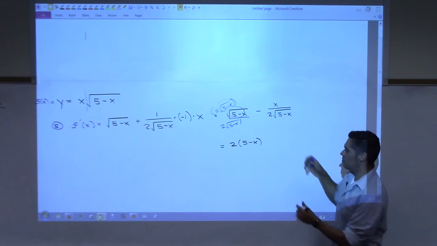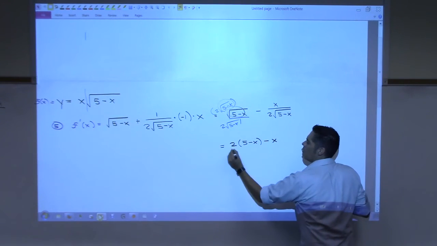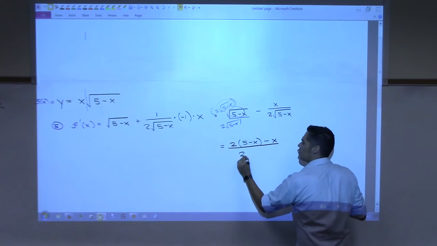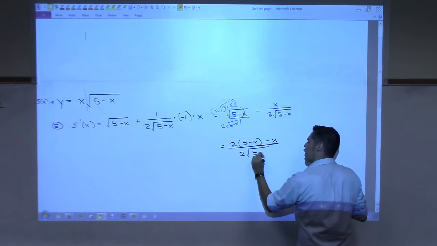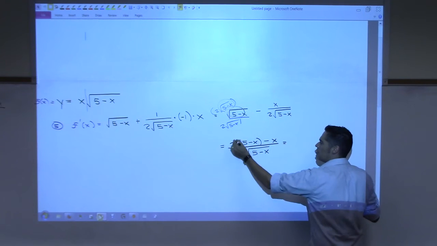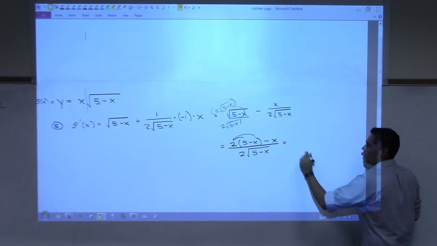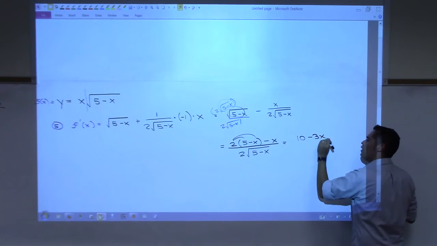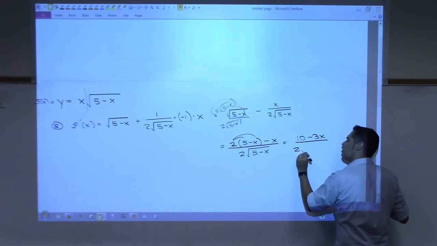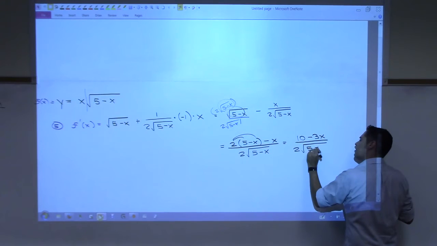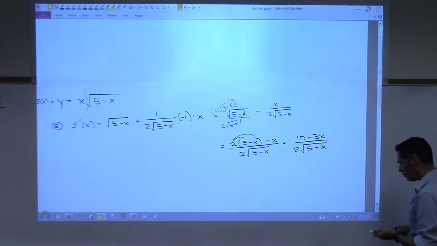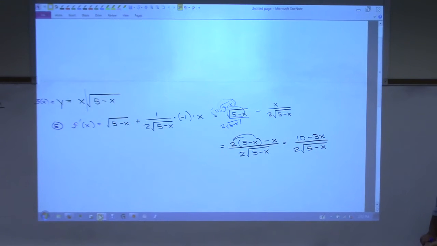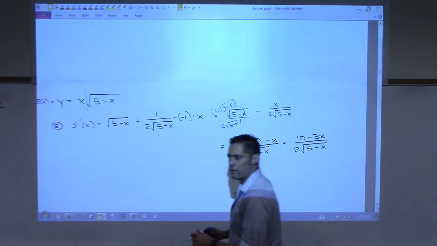So minus x over the common denominator, which was 2 root 5 minus x. And now distribute and collect and get 10 minus 3x. Good. Over 2 root 5 minus x. Yeah, that's a pretty clean version of the derivative, right?